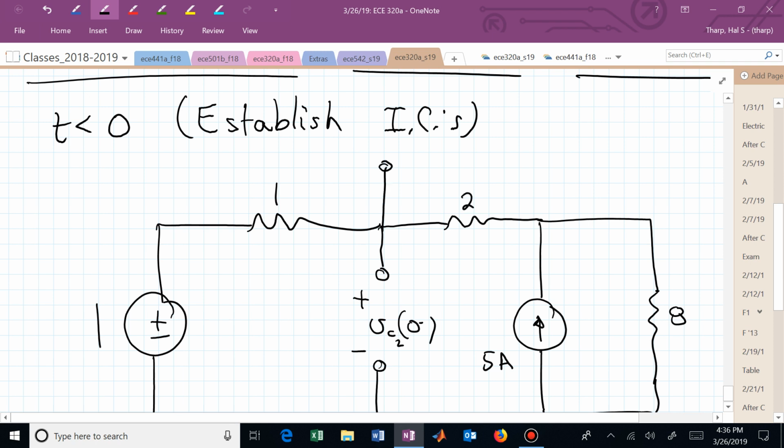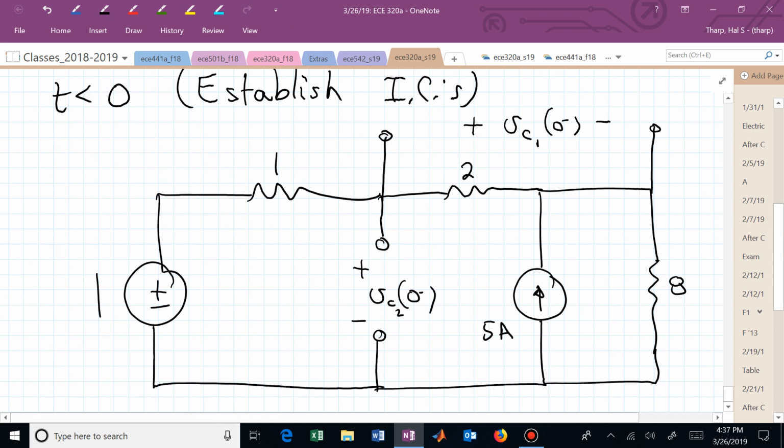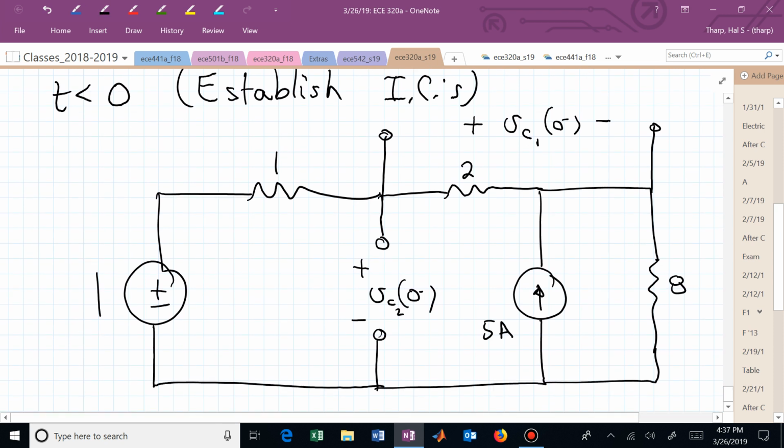Up here was our first capacitor that's now opened up. Oh, and I need to label my inductor currents. Here's I sub L1 of 0 minus. This is I sub L2 of 0 minus.